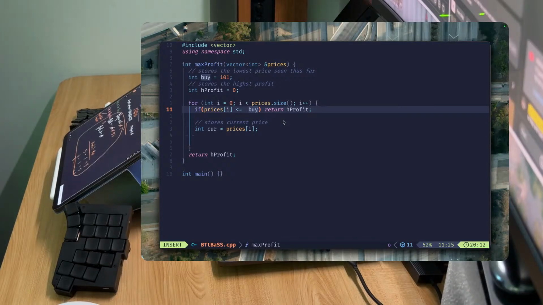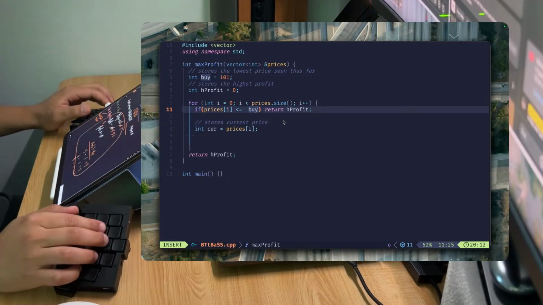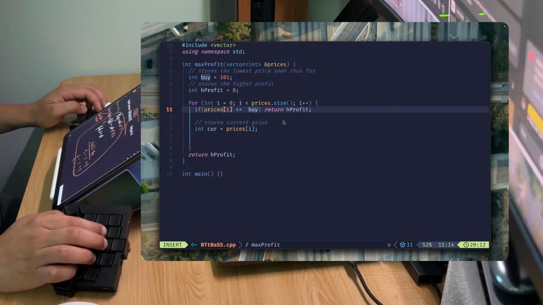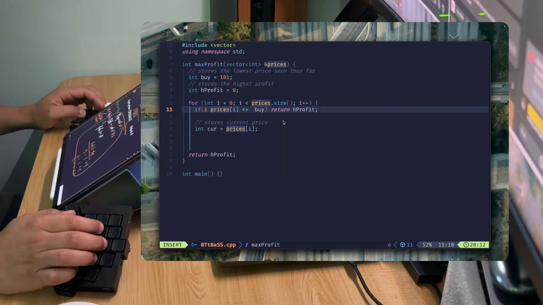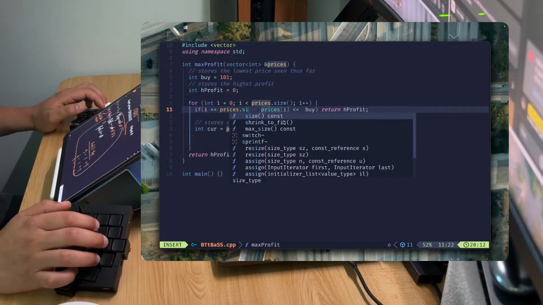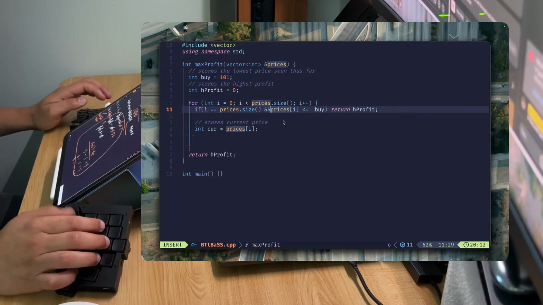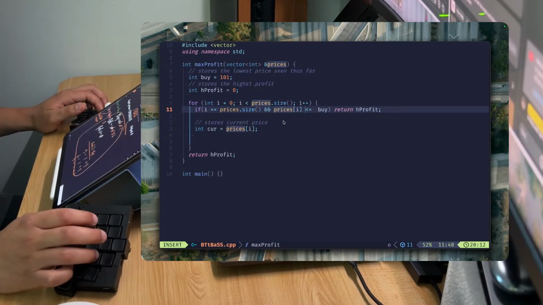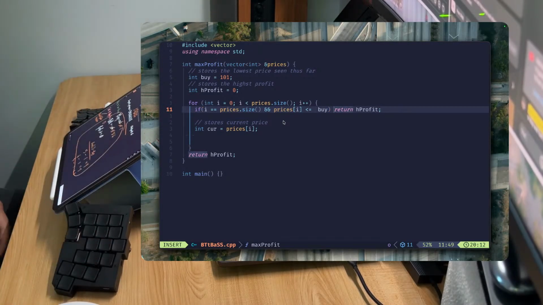Yeah, so we're checking 2 things. We're checking that we're in the last index. So we want to say if I is equal to prices.size, and that the value at the last index is less than or equal to buy, then we return the highest profit we have saved so far.